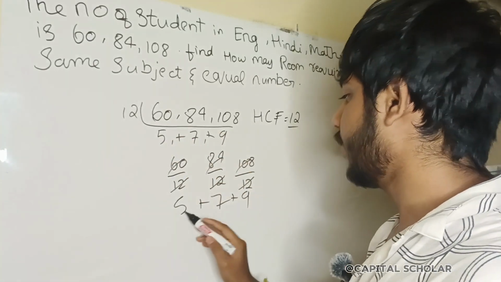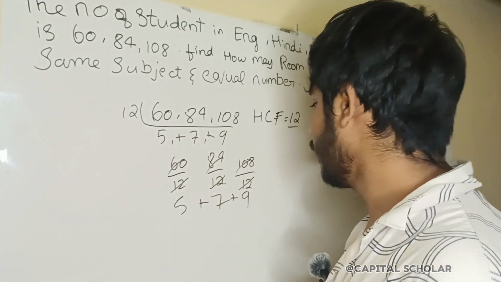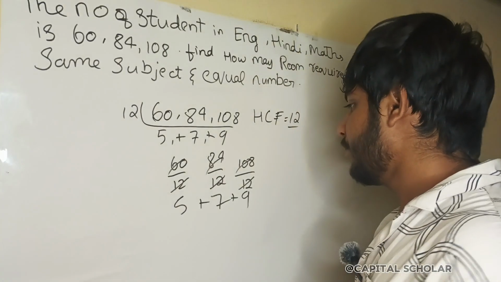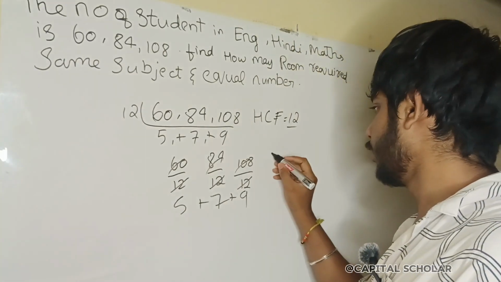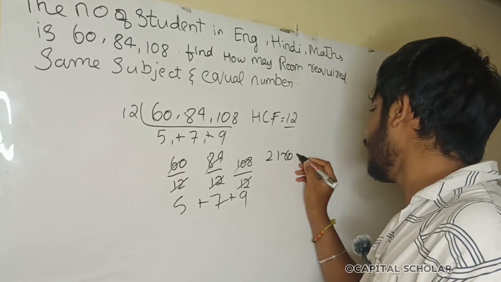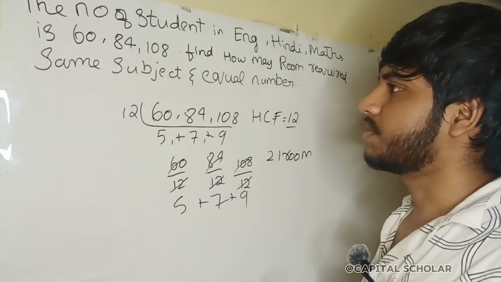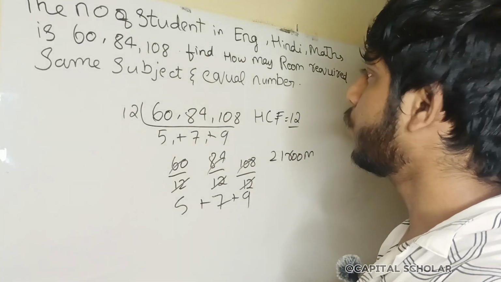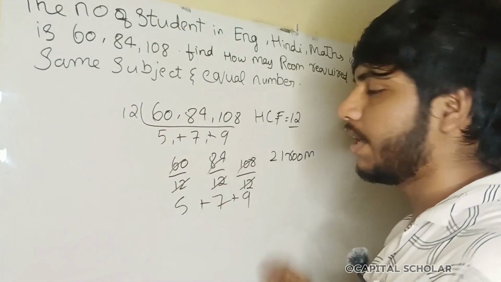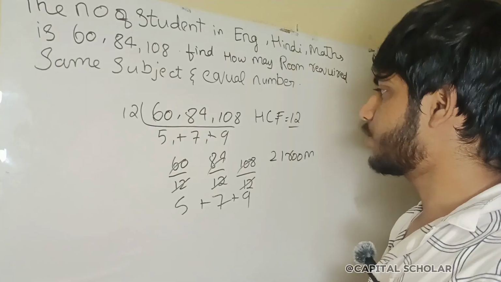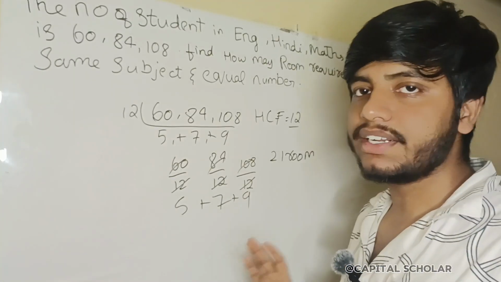These are the answers. 5 plus 7 is 12, 12 plus 9 is 21. So we need 21 rooms, 21 rooms to keep students with the same subject and equal number. If we keep these students in an equal number, we will get it.